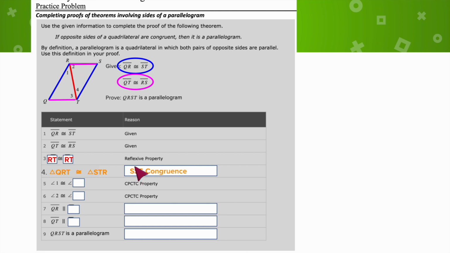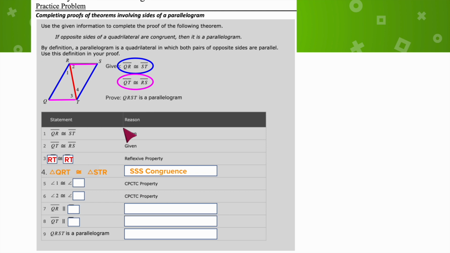So this is side, side, side congruence. Now that I know that the triangles are congruent, we can use this property called CPCTC, which is corresponding parts of congruent triangles are congruent. Okay? It's a shorter way of saying it, CPCTC.